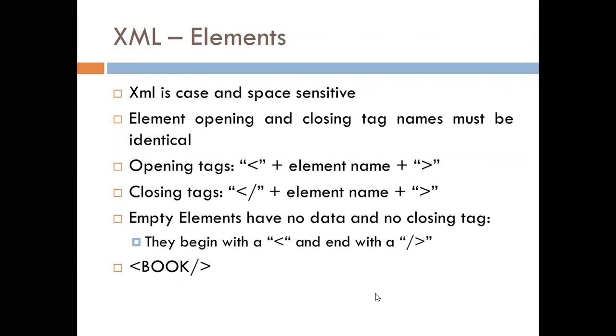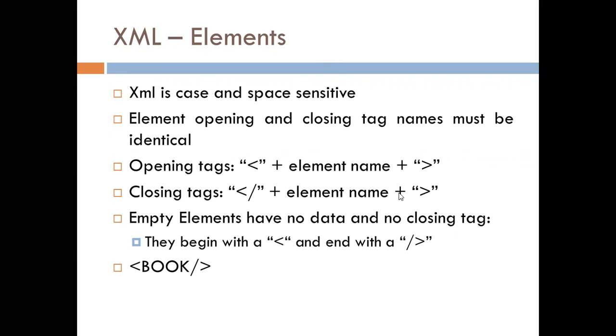The other properties of XML include that it is case sensitive and space sensitive. Every opening and closing tag name must be the same. The opening tag will appear like this and the closing tag will appear with a forward slash. Empty elements have no data.